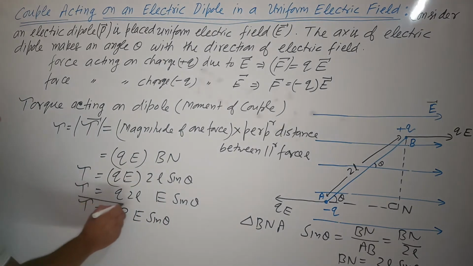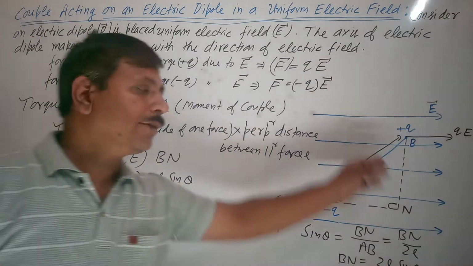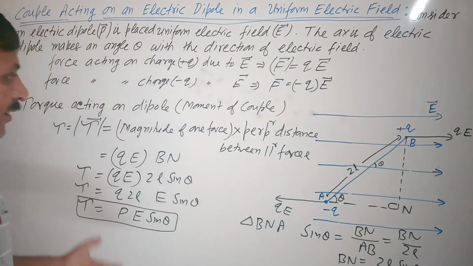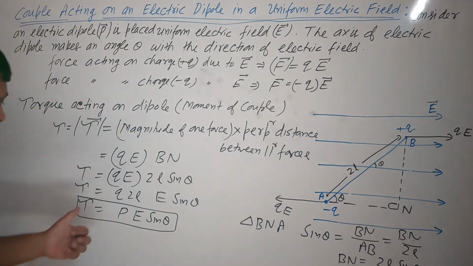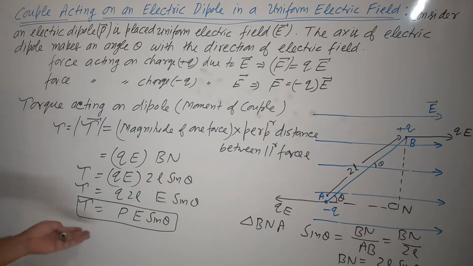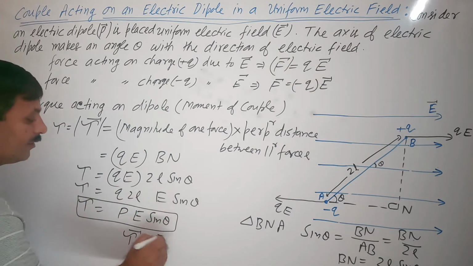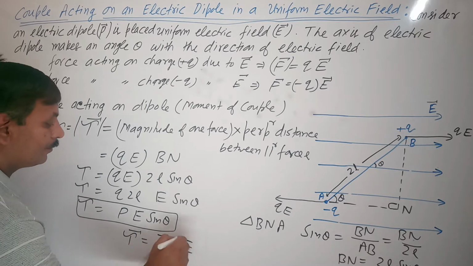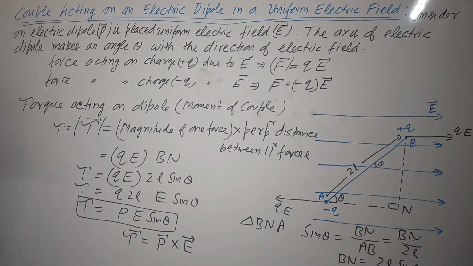This will be the torque experienced by an electric dipole when it is placed inside a uniform electric field. Torque is equal to pE sin theta. If you want to write it in vector form, torque is equal to p cross E.